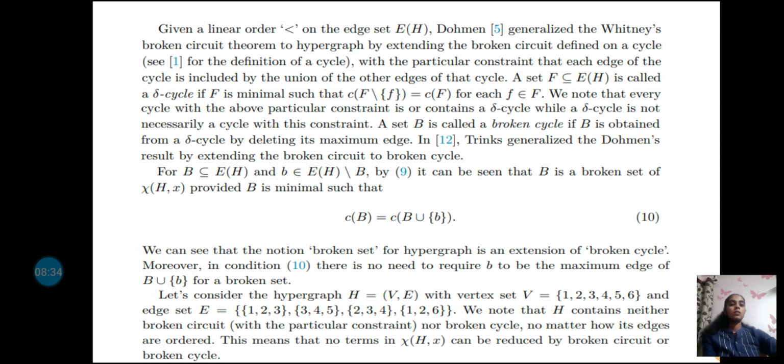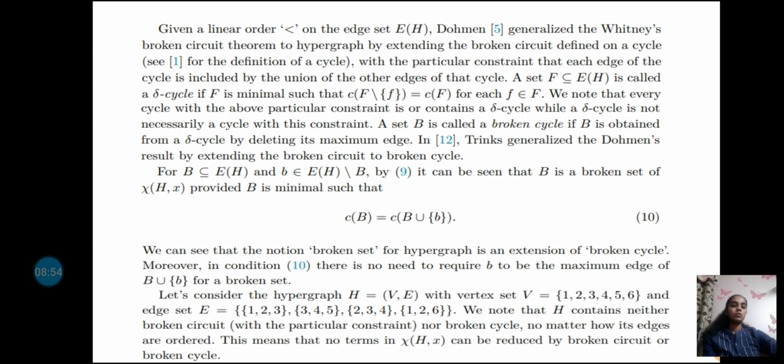Given a linear order less than on the edge set E of H, we generalize the Whitney broken circuit theorem to hypergraphs by extending the broken circuit to a cycle with a particular constraint, that each edge of the cycle is included in the union of the other edges of that cycle.